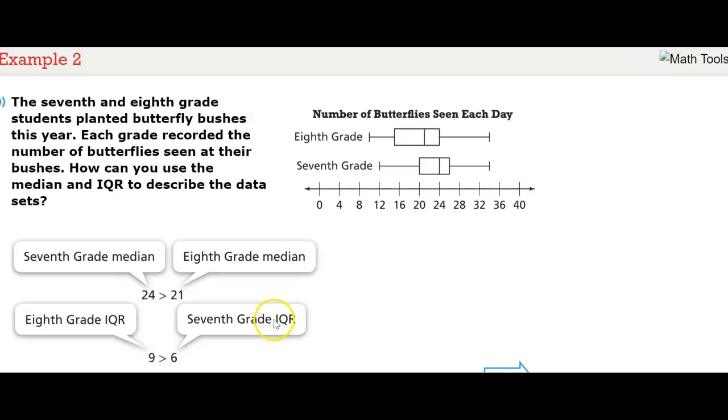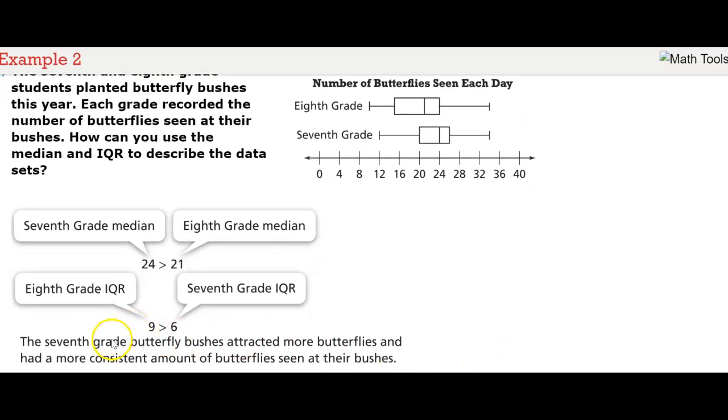And then you have the 7th grade IQR at 6. And then 9 is greater than 6. The 7th grade butterfly bushes attracted more butterflies and had a more consistent amount of butterflies seen at their bushes.